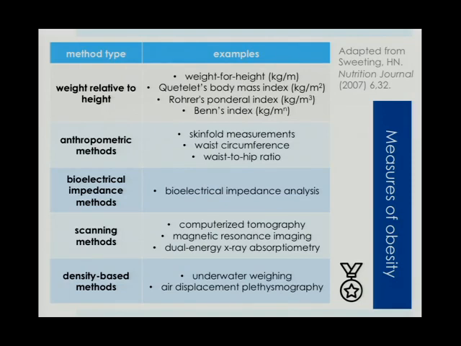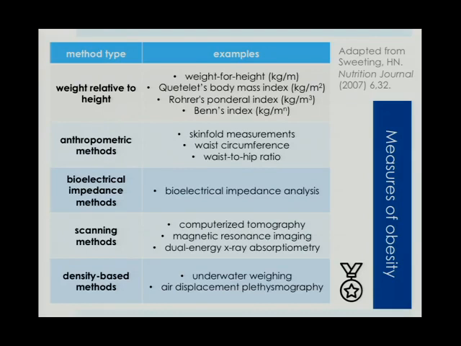BMI, along with the other measures of weight relative to height on the top bar, all make the underlying assumption that excess body mass is from fat. The remaining measures on this chart do not make this assumption and instead attempt to quantify a person's fat mass separate from their fat-free mass.